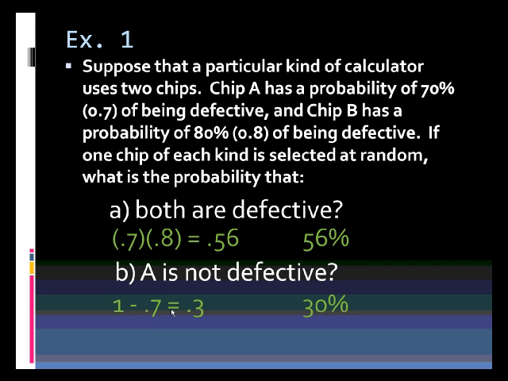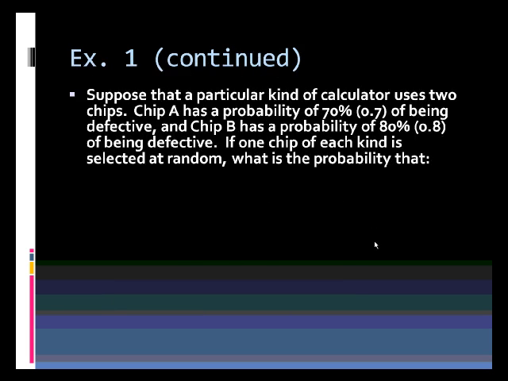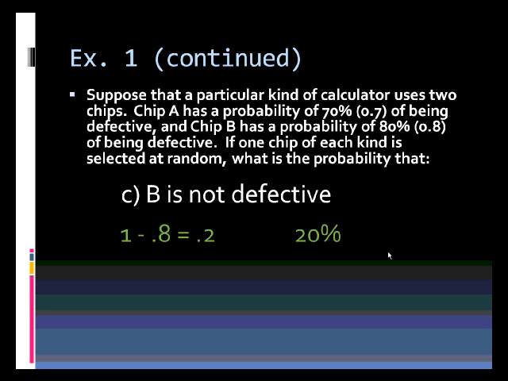So 1 minus 0.7 is 0.3, or 30%. Okay, we always want to give our answers in percent here. All right, we okay so far? How about B is not defective? What's the probability that B is not defective? 20%. How'd you get that? 1 minus 0.8 will give us 20%.